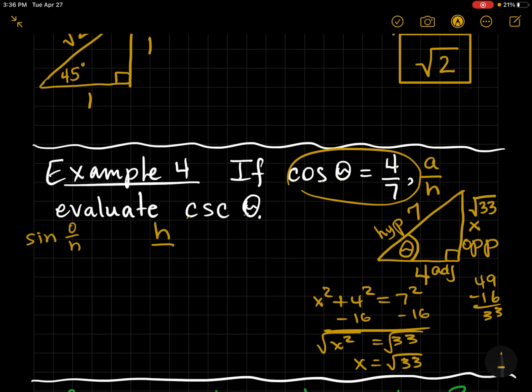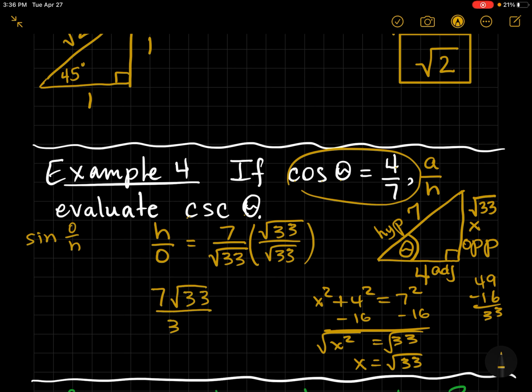So this one is hypotenuse over opposite. The hypotenuse is 7, and the opposite is the square root of 33. So I just need to rationalize, and my answer is 7 radical 33 over 33.